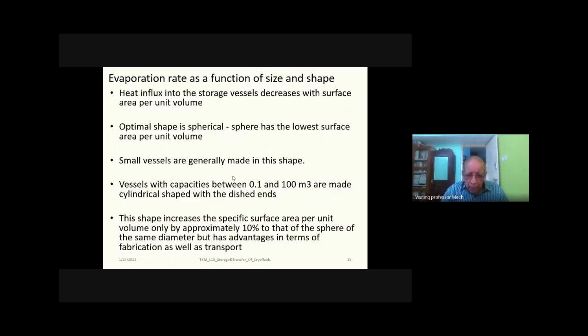This particular shape of cylindrical geometry with dished ends increases the specific surface area per unit volume by approximately 10%. But it has the advantage of fabrication and also transport. All these things can be taken care of if you modify the shape like this.